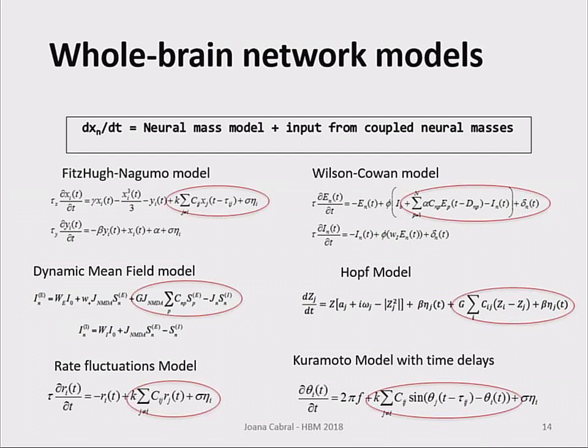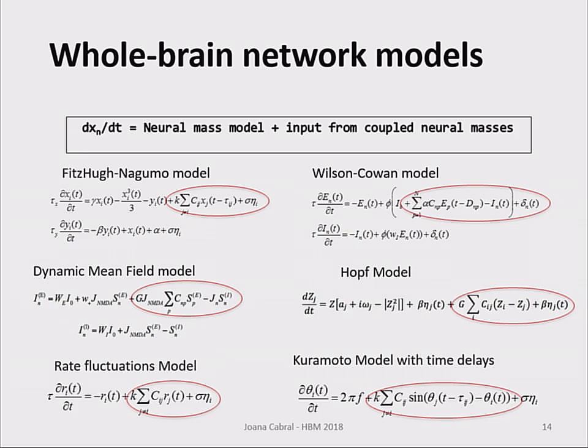In all these equations and the other models that can appear, the important thing is that you always have this coupling term that sums over all other nodes p. For the models that have excitatory and inhibitory pools, the coupling term is only in the excitatory term. This term is always scaled by the matrix CNP, or Cij, depending on the model.